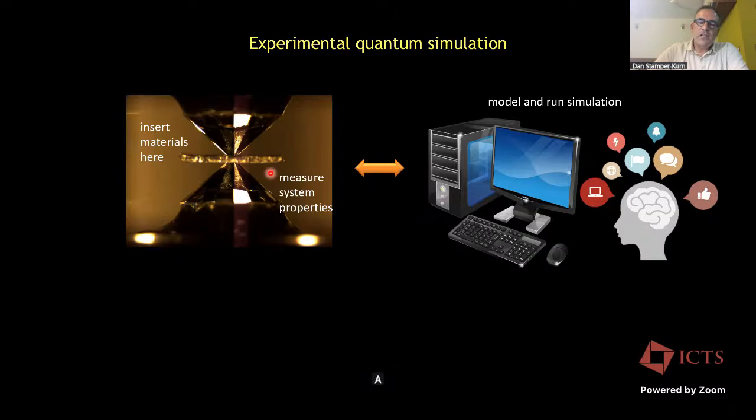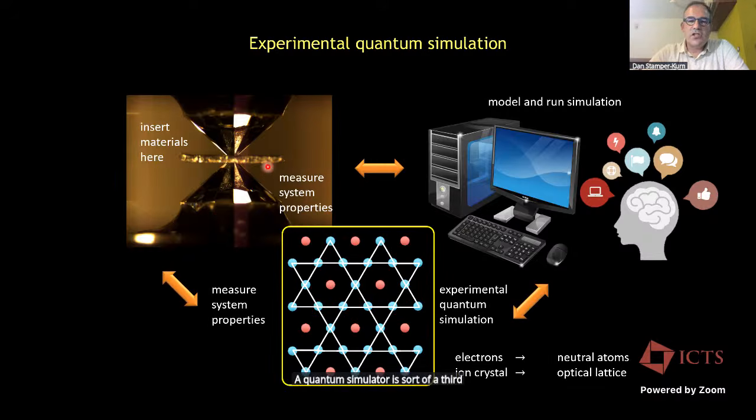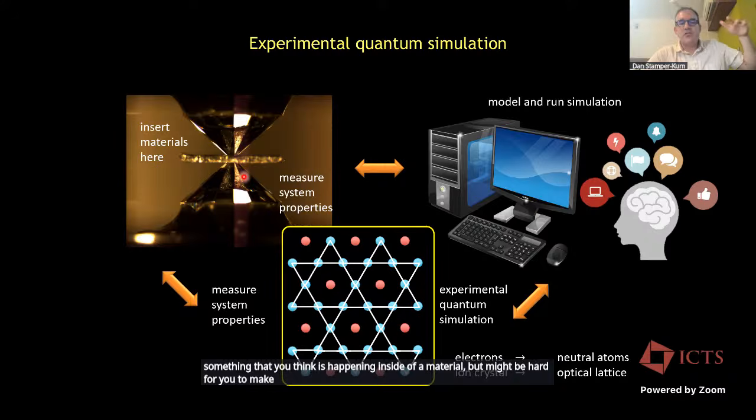A quantum simulator is sort of a third leg in this discussion. And the idea here is that you'll make in the laboratory something that directly simulates something that you think is happening inside of a material, but might be hard for you to make sensitive measurements on.